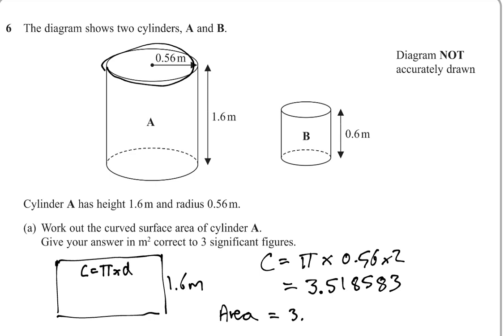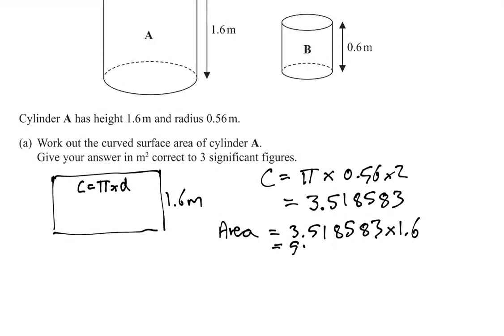So it's 3.518,583 times 1.6, which equals 5.629,734.